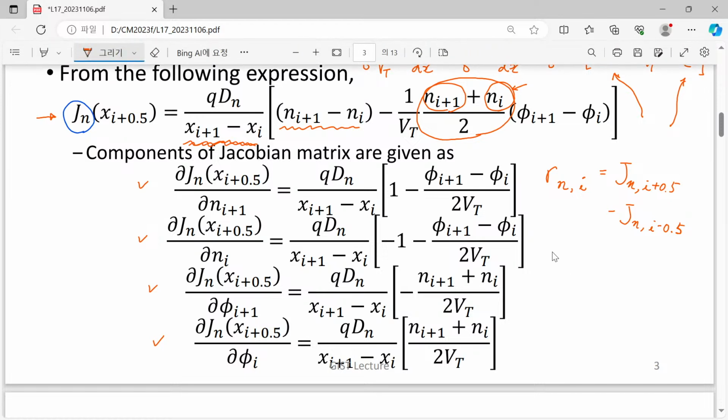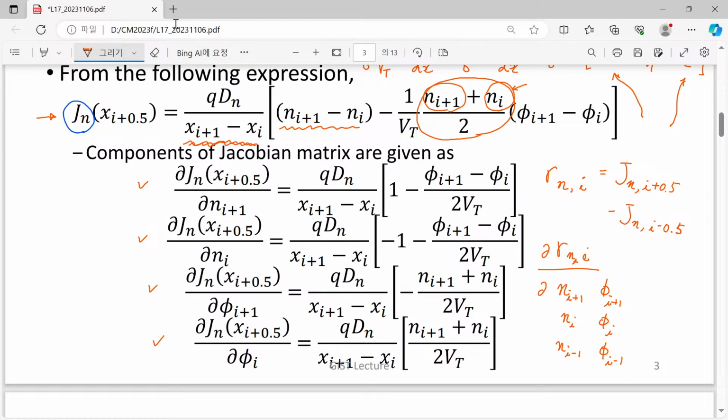In the Jacobian matrix, what we have to calculate is this residue function differentiated with respect to, for example, n sub i plus 1, or other quantities like n sub i and n sub i minus 1, or phi sub i plus 1, phi sub i, or phi sub i minus 1.